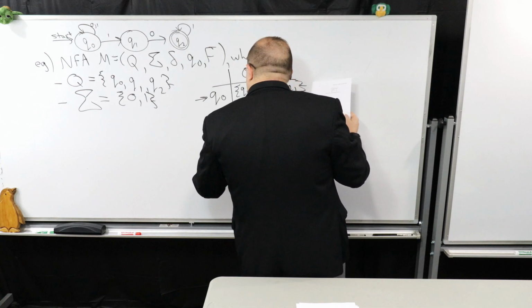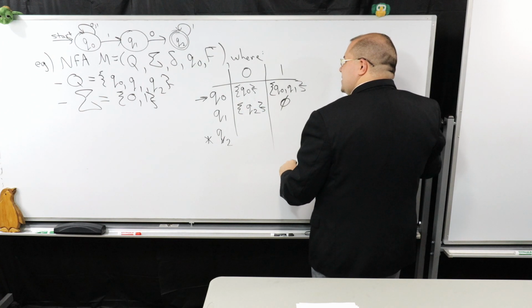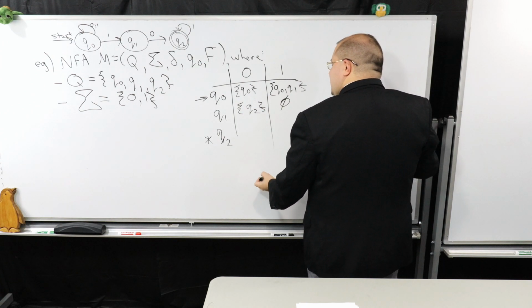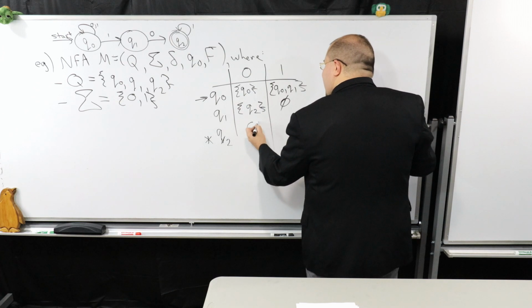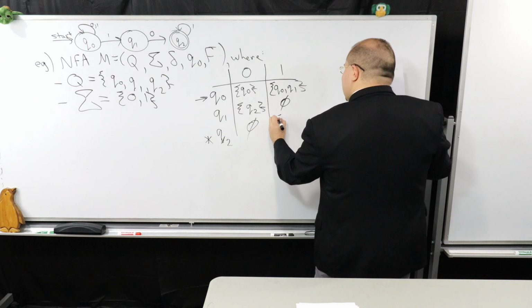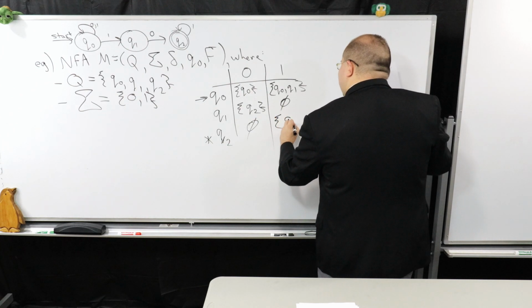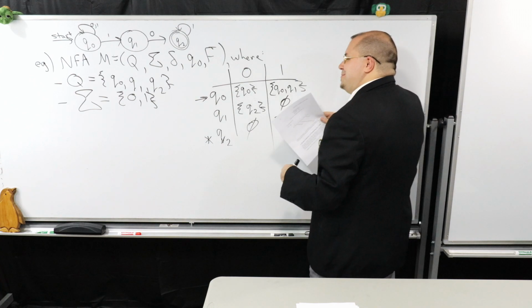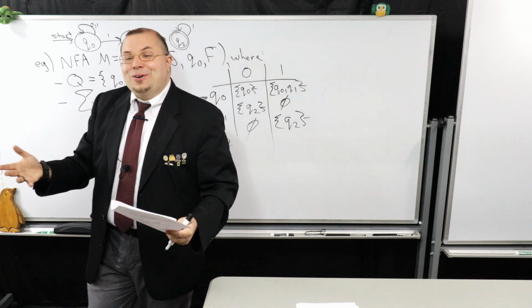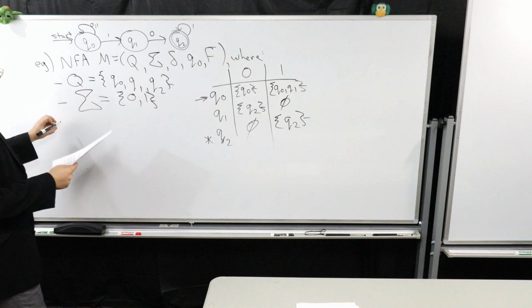So how about right here, if I read a 0 with Q2? Empty. Yeah, empty. Perfect. And right here, somebody tell it for me, where I read that 1, it's Q2. Perfect. See, there's our transition table. Bing, bang. You're all pros at this. Awesome. So there's our transition table.